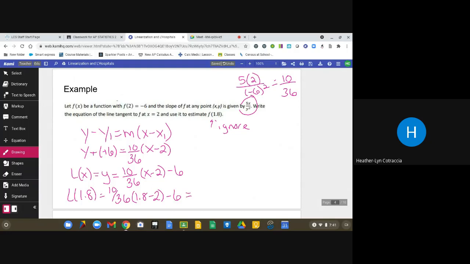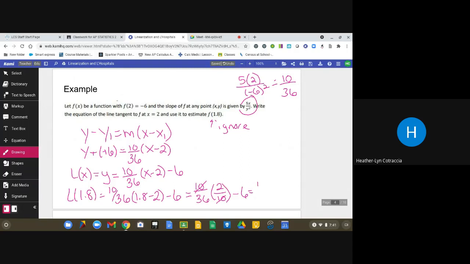Let's see here. 1.8 minus 2 is negative 0.2. Is that correct? I hope. 0.2 is 2/10. So I believe I have 10/36 times negative 2/10 minus 6, which gives me negative 1/18.